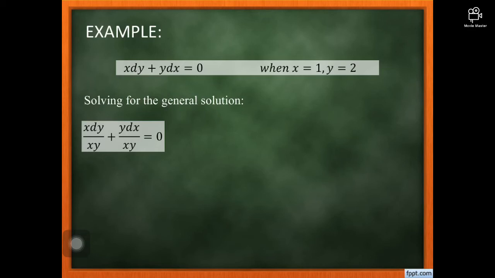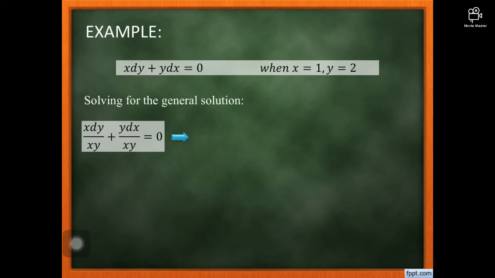For this example, you need to divide both sides by xy in order to make an equation that can be solved through integration so that we can eliminate the derivatives.